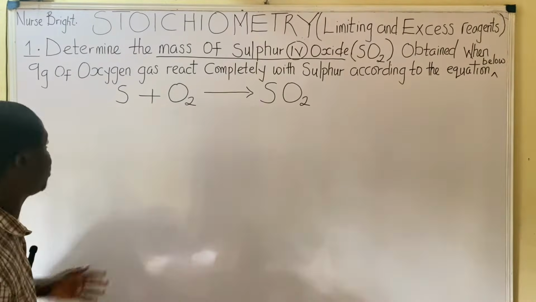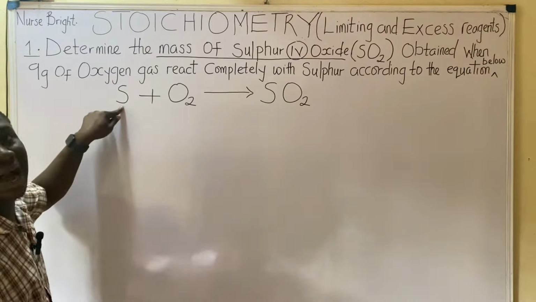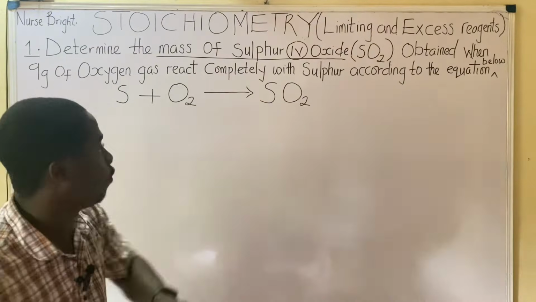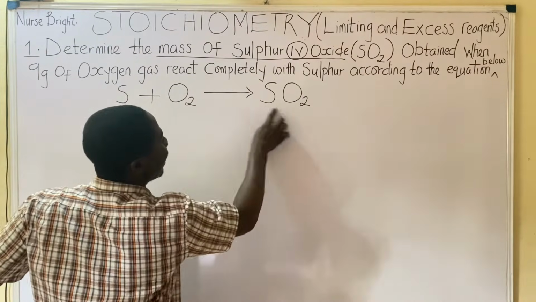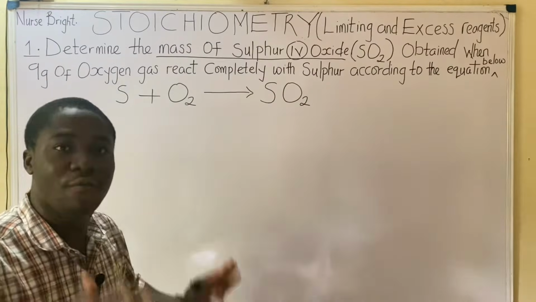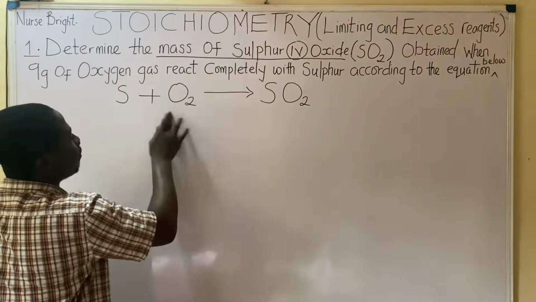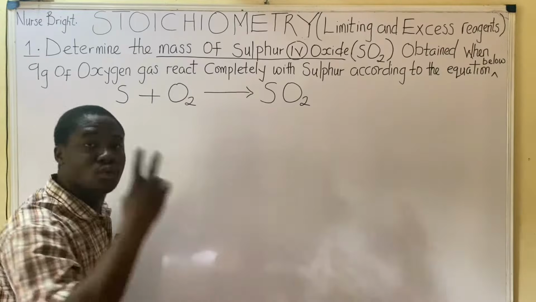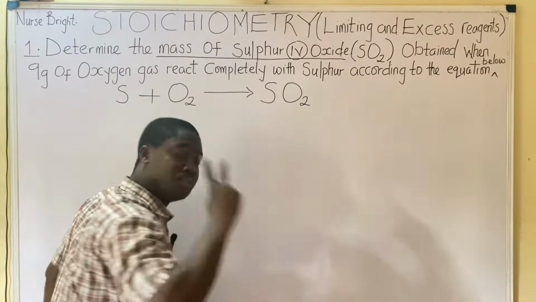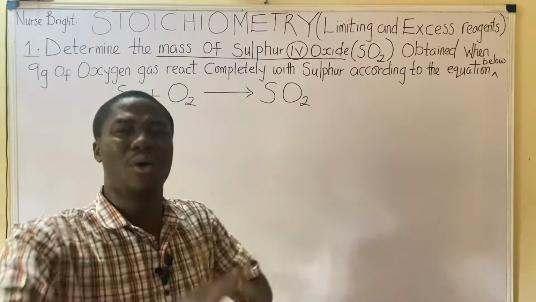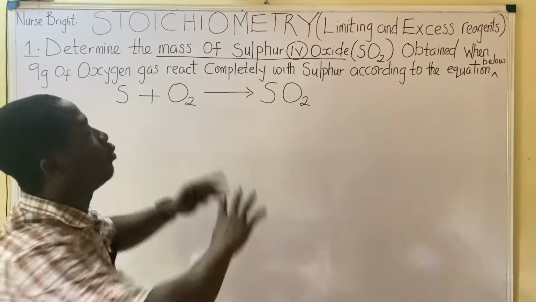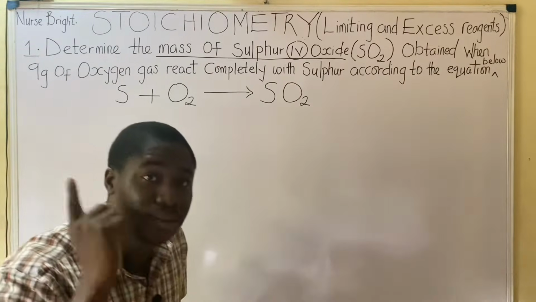Let's check together. How many sulfur do we have on the left? One sulfur. On the right hand side, I can also see one sulfur. So sulfur is balanced. Oxygen, I have two atoms of oxygen on the left, and on the right hand side I also have two atoms of oxygen. So oxygen is balanced. In general, this equation is balanced.